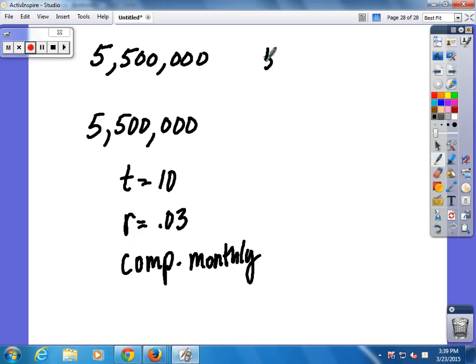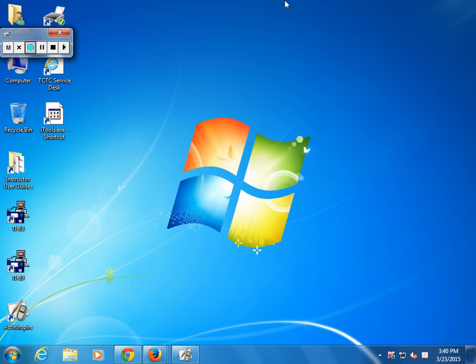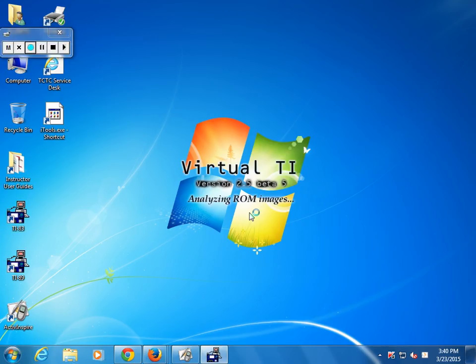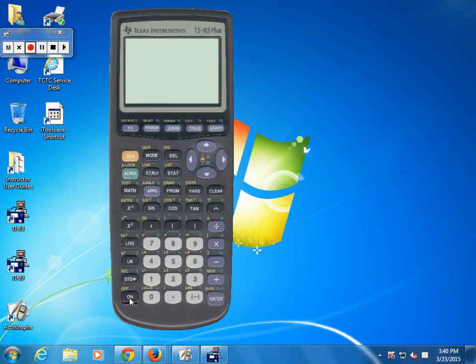It's going to be 5.5 million times 1 plus 0.03 divided by 12, raised to 12 times 10, which is 120. And you take your handy dandy calculator. You can do this without even writing it down on paper. It's real simple.